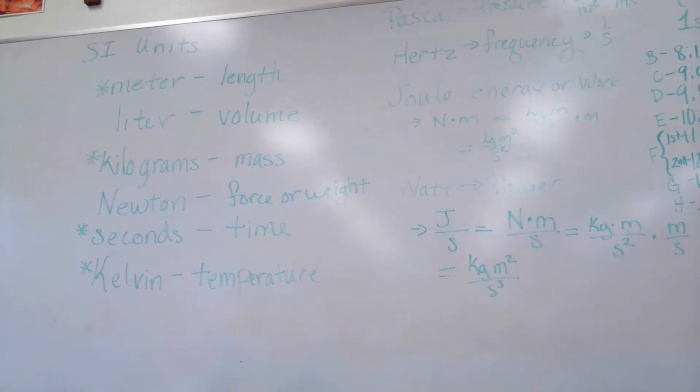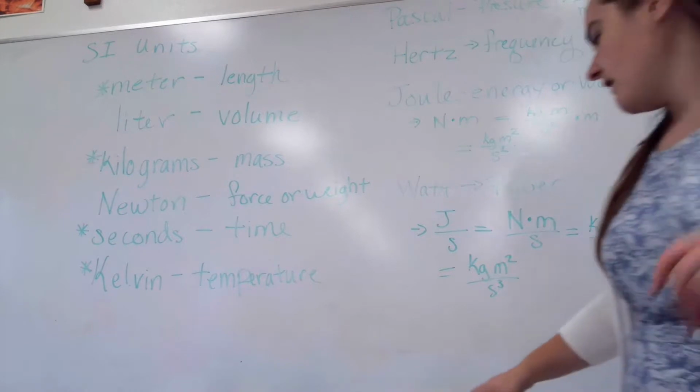So these prefixes mean the same thing no matter what unit you put them in front of. Does that make sense? So if we have centi, you're dividing that base, whatever you have behind it, into 100 parts. All right. Can I erase the units and then put the prefixes up here?